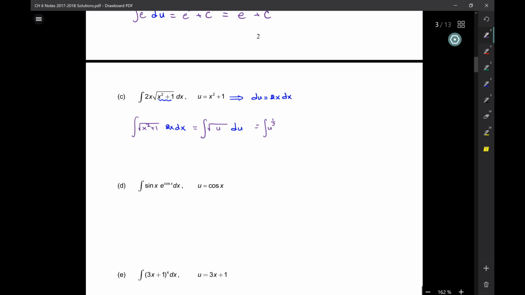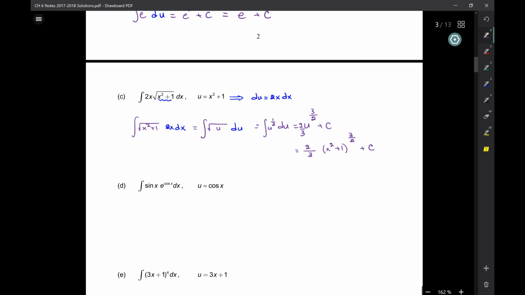U to the 1/2 du. I integrate: u to the 3/2 times 2/3. Remember, I add 1 and divide by the result. This is chapter 5. We know all this. Plus c. Now I put it back: 2/3 times x squared plus 1 to the 3/2.